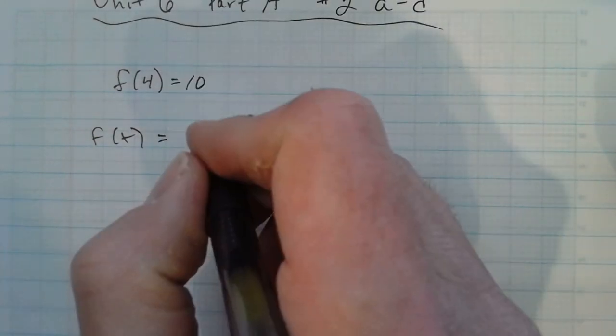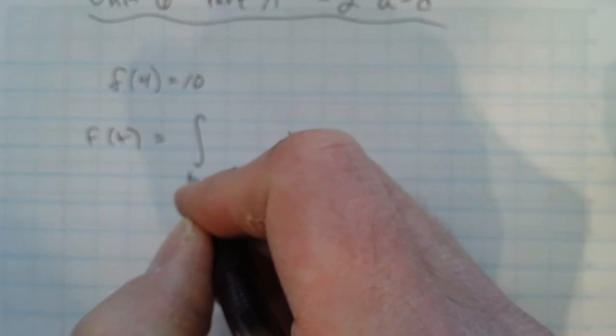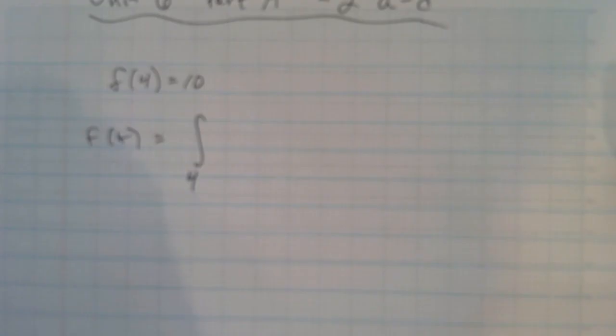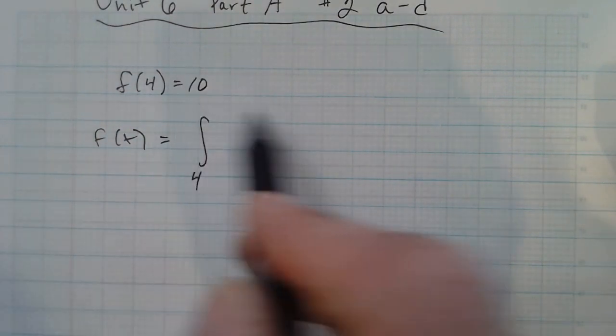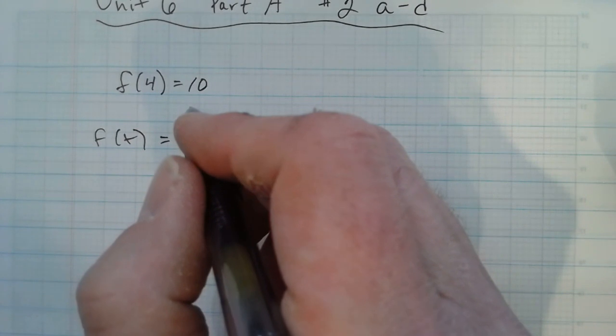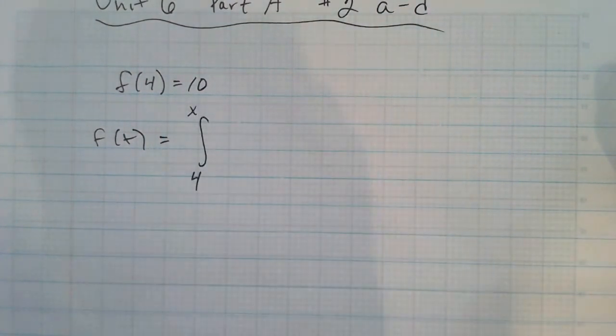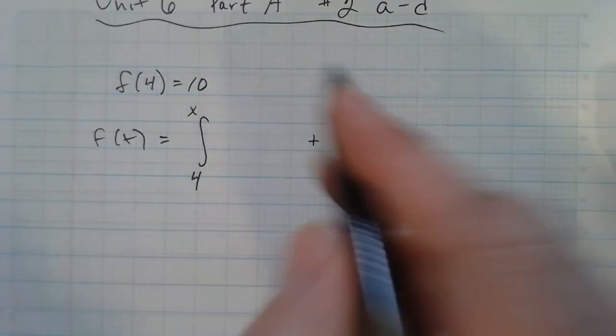So when we integrate the derivative, we're starting at 4 and we're going somewhere. We don't know where we're going. We could go to the right to 5, we could go backwards to 1. So if we don't know, we're just going to say from 4 to x. And we know that our starting point at 4 is going to be 10.